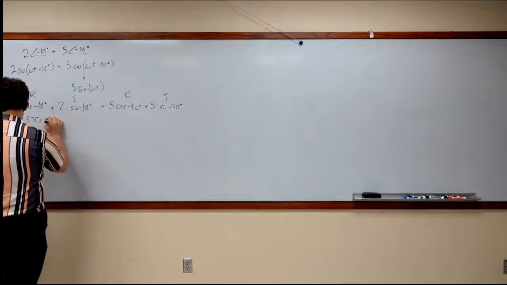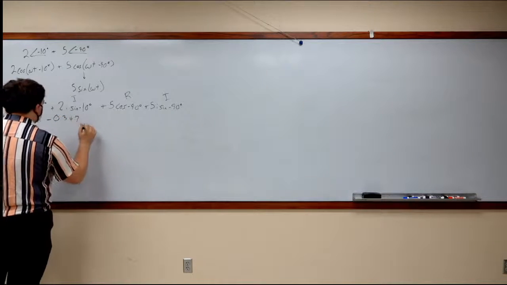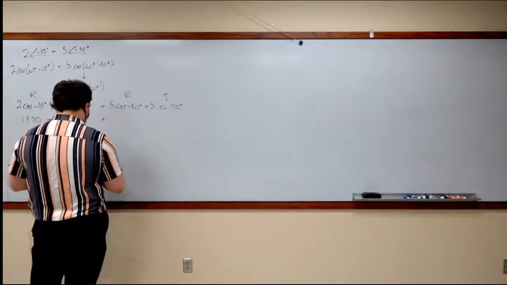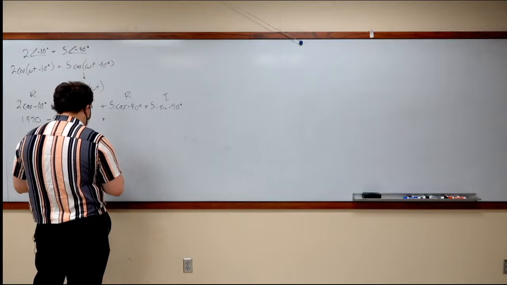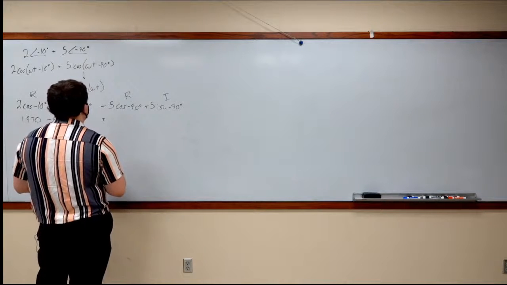This becomes a minus 0.347i plus 5 times the cosine of -90 is 0, isn't it?